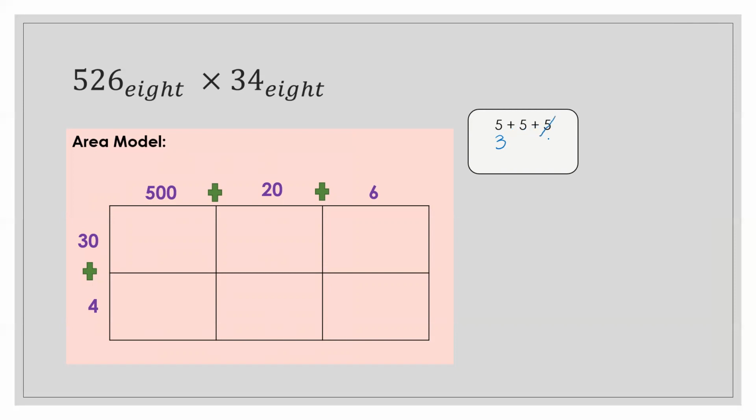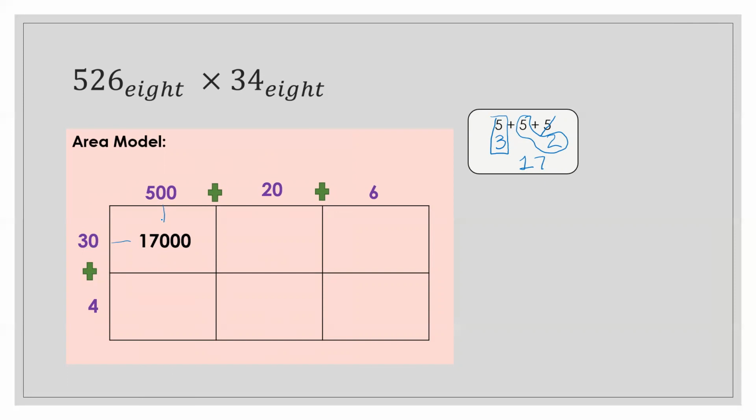So I'm going to take that from here, and there are 2 left. So here I have 1 full group of 8. That would be 1 and 7 singles. So 17. Therefore, 30 times 500 will be 17 with 3 zeros at the end.